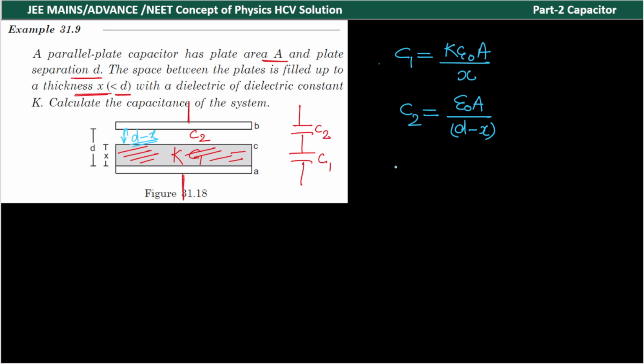So 1 by C equivalent will be equal to 1 by C1 plus 1 by C2. This formula will help us to find out C equivalent.